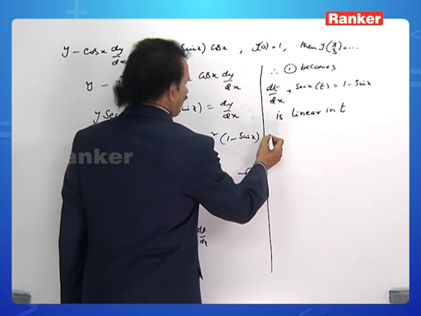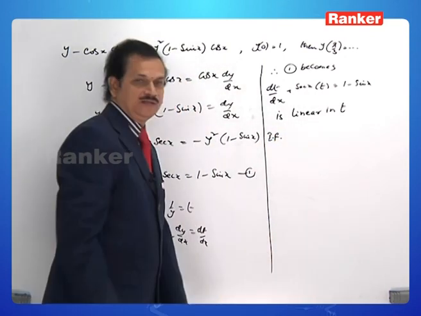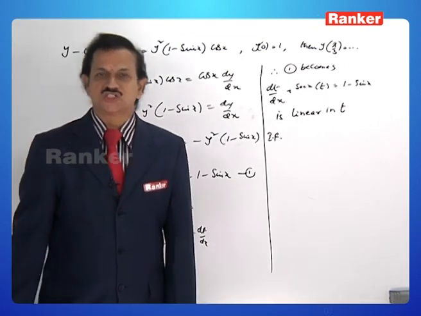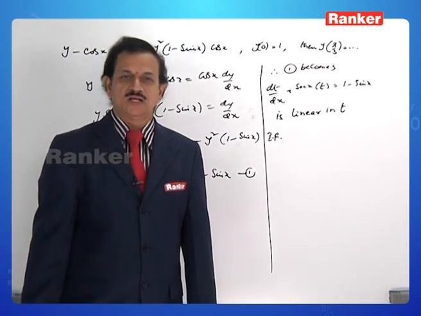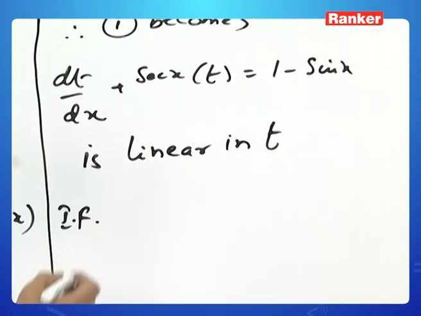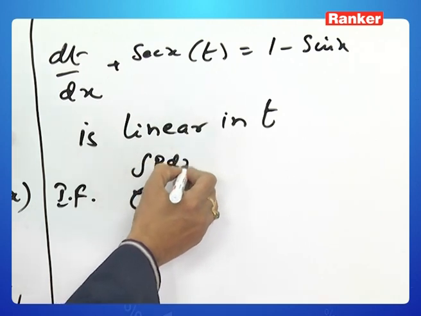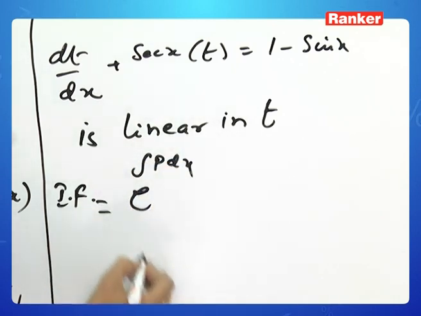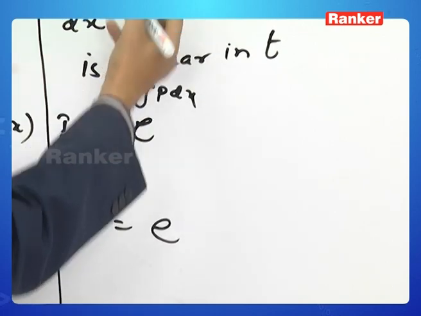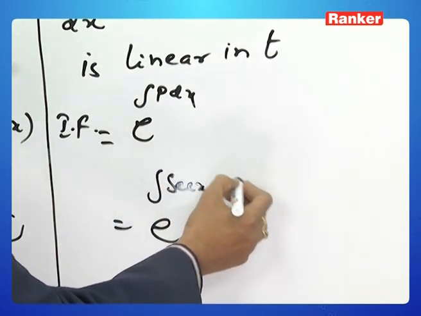Well done. What is the procedure that has been designed to solve a linear equation? In the first step, we may have to find the integrating factor. What is the integrating factor here? This formula is e power integral p dx. This is equal to e power, what is p? Secant x, integral of secant x dx.